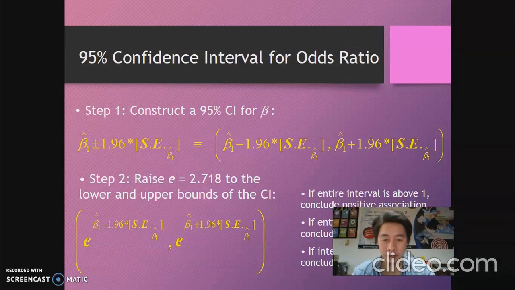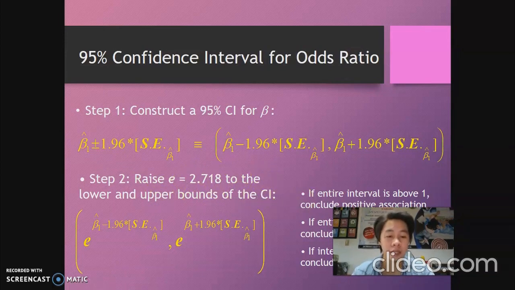That is, coefficient 1 minus 1.96 times the standard error of coefficient 1, and coefficient 1 plus 1.96 times the standard error of coefficient 1. Step 2: raise e, which equals 2.718, to the lower and upper bounds of the CI.